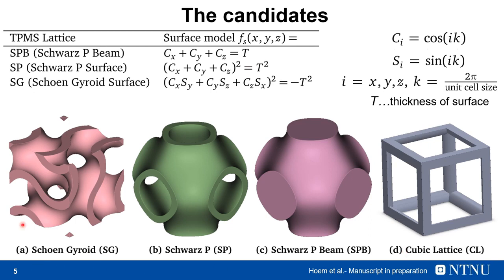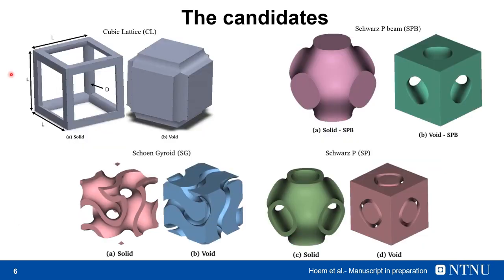The first 3 are fully mathematically defined structures and can be found naturally in nature. These structures can be divided into a solid and a void. In the solid, there is electron transport, and in the void, there is mass transport, such as reactants and produced water.